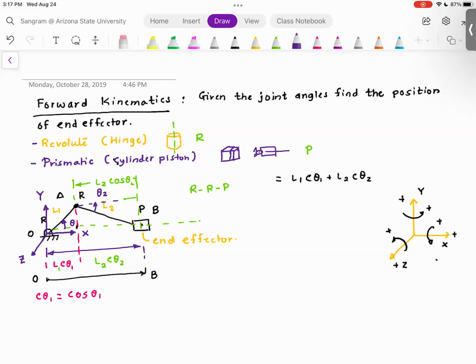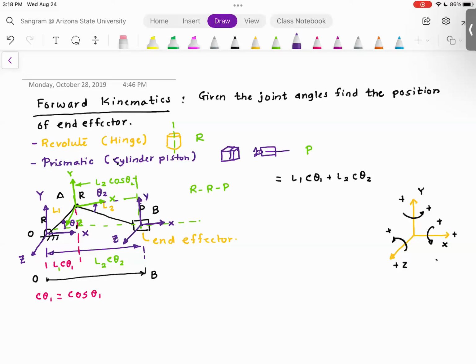Do you agree with me? Next, every joint, you must assign a coordinate system. What that means is if I go to the second joint, this is how this is going to be. Again, this is X, this is Y, this is Z. Again, here, this is X, this is Y, this is Z.